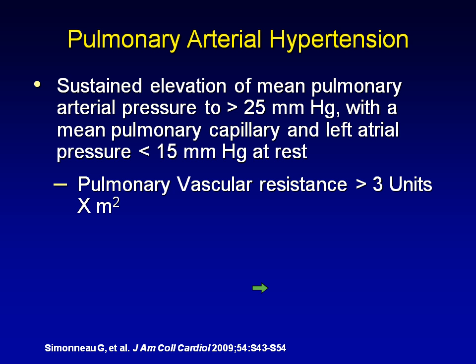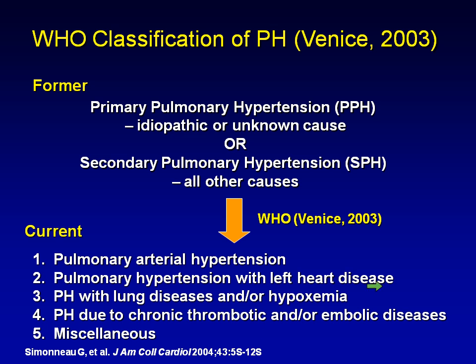So when we classified pulmonary hypertension many years ago, back in the 1990s, we said there was primary and secondary pulmonary hypertension. The reason we did that was we said that primary was idiopathic or unknown, and secondary was everything else.